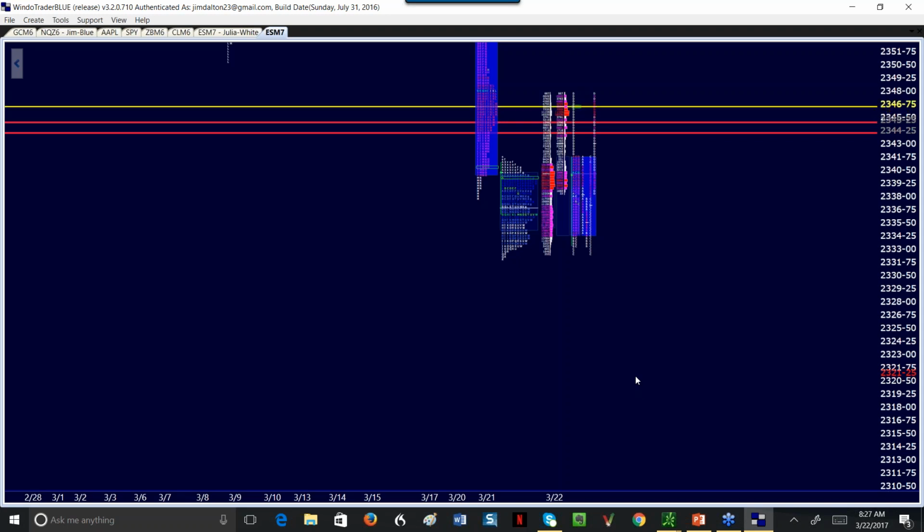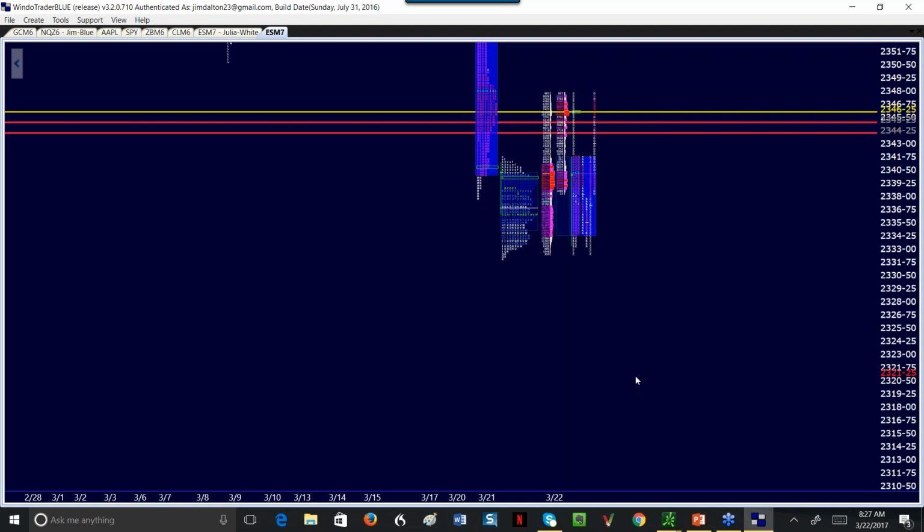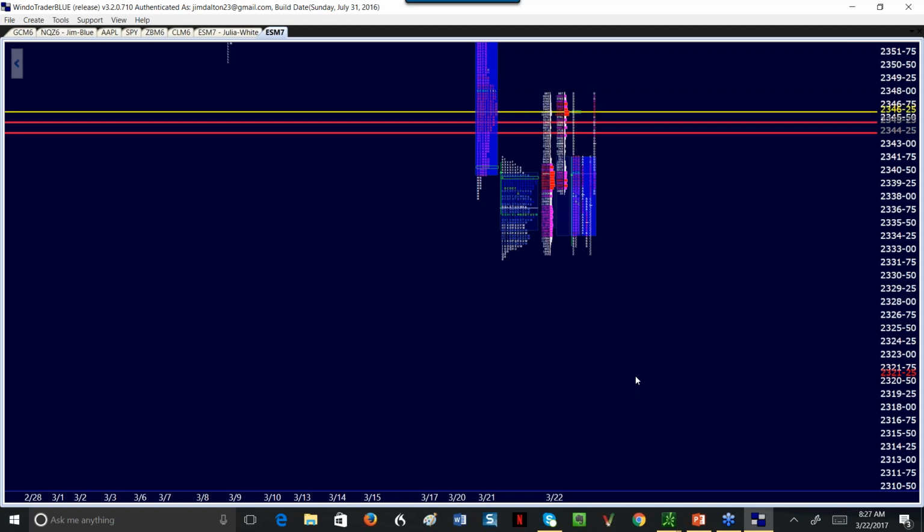So I wrote this weekend, my favorite scenario was short, for the reasons that I've talked about already. And then the second scenario said, you can't be surprised if you do get a rally because of the poor highs.